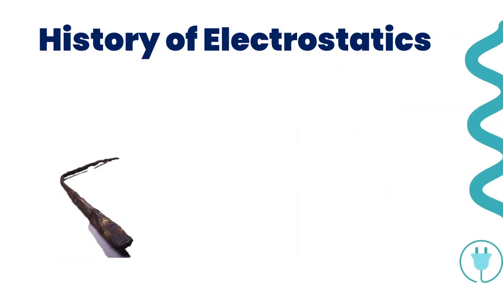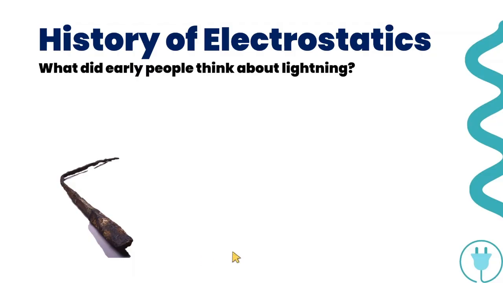Of all the things that I've shown you in the previous slide, the lightning rod was especially important for this discussion. The lightning rod, as the name suggests, captures lightning. But what did early people think about lightning? Before Franklin's time, many people believed lightning was a supernatural phenomenon.